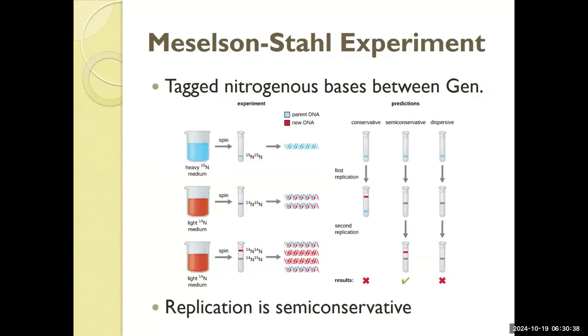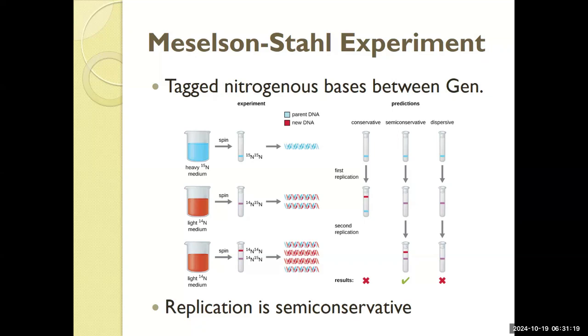Meselson and Stahl conducted their famous experiment on DNA replication using E. coli bacteria as a model system, and they set out to determine which of those models was the model. And so they hypothesized that by using parent DNA strands that were tagged blue and daughter DNA strands that were tagged red, they would be able to discern conservative, semi-conservative, or dispersive patterns based upon the resulting color of subsequent DNA copies.